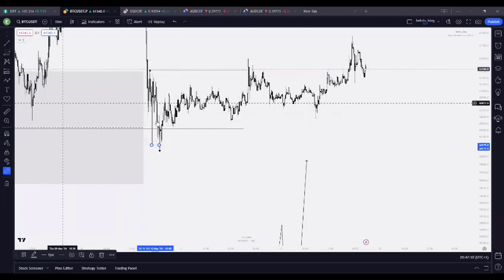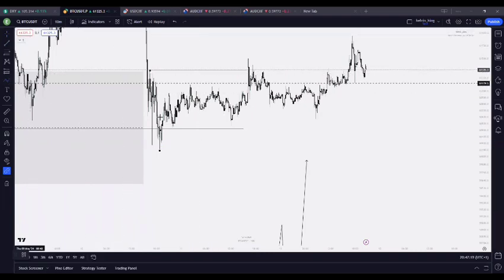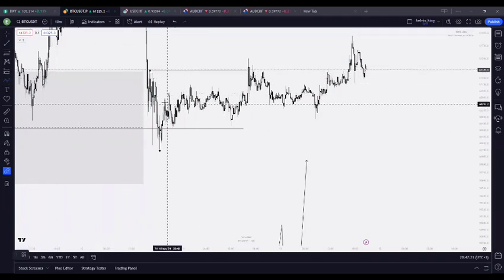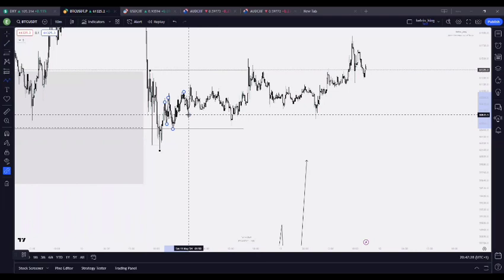Now, if you notice again, although if you go to 3 minutes or 5 minutes, you are going to see this structure. This structure I always watch out for: this sweep, break, then we've got a pullback.